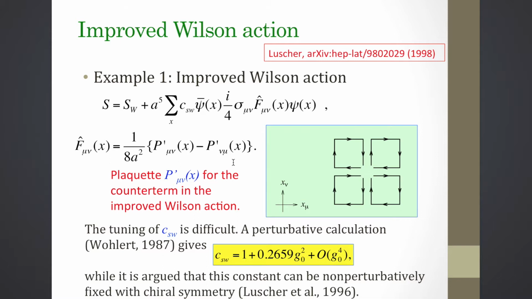This is defined to be the average of those 4 smaller plaquettes shown in this graph. And we also have a constant c_SW here, which is to be fitted according to the lattice simulations. However, tuning or fitting this constant c_SW is very difficult, and people have tried to calculate it in perturbation theory at order g squared.